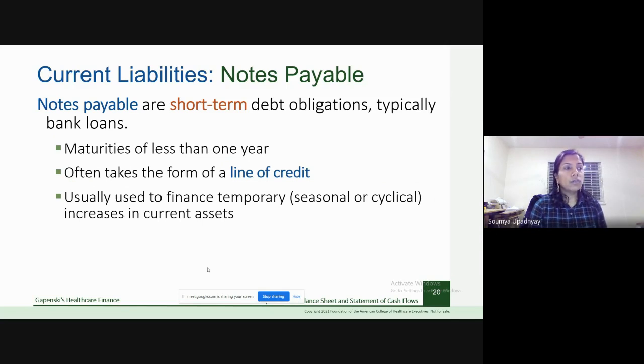An example of notes payable is, let's say there is a walk-in clinic and it builds up its inventories or medical supplies, but when the season is over, the supplies are back to a lower level. This temporary increase is funded by a bank loan of some type. So if they want more supplies of something, then they'll take a short-term loan, and that's called notes payable, and they will fill up those supplies.